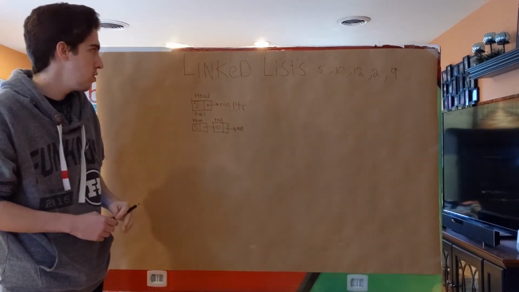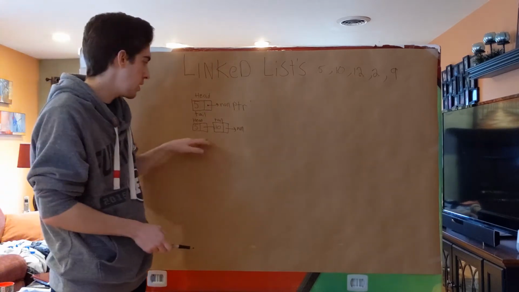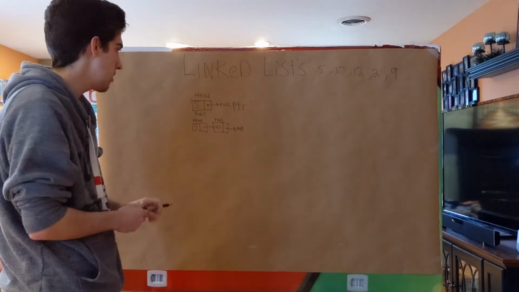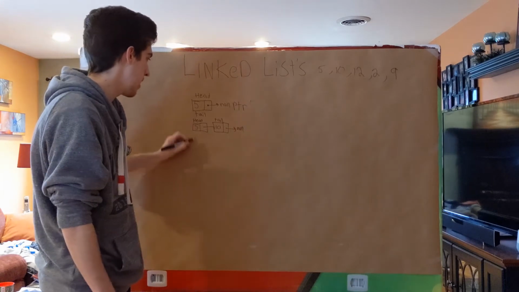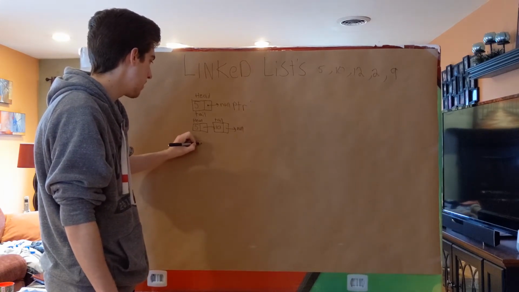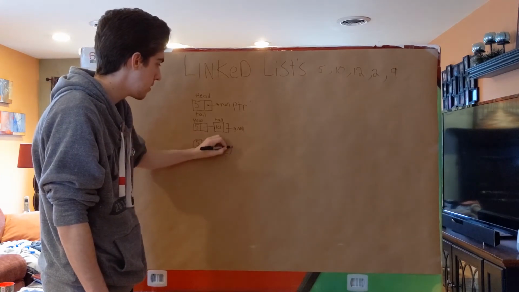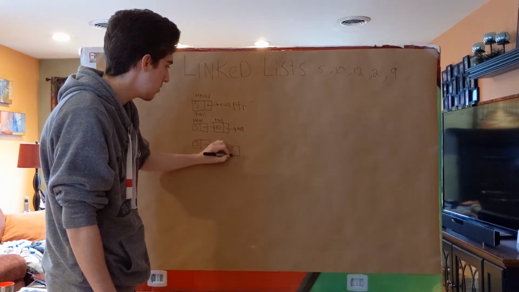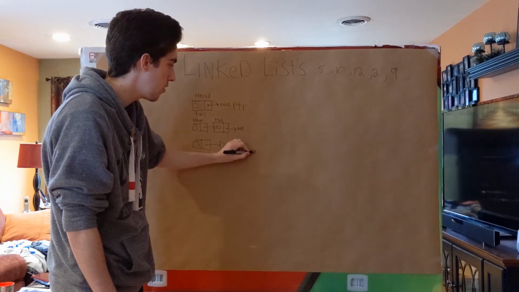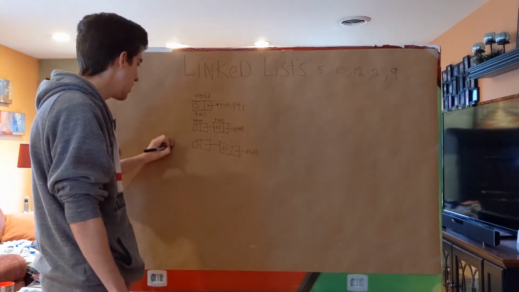And then for the next one, 12, instead of connecting it to the end, let's say you wanted to point it at the beginning, at the head. So you would start with 5, point that to the 10, as you would, and that still points to a null pointer, but now you're putting in 12.